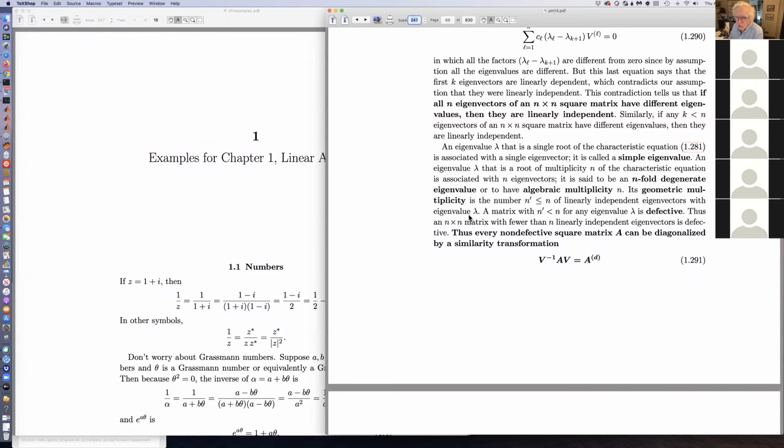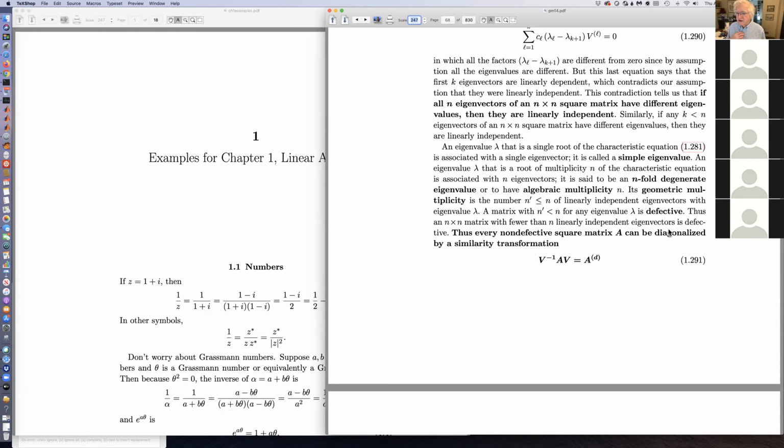And so if any eigenvalue of an n by n matrix has fewer than n linearly independent eigenvectors, we say that it's defective. So effectively, every non-defective square matrix has n linearly independent eigenvectors, and consequently, it can be diagonalized by a similarity transformation.